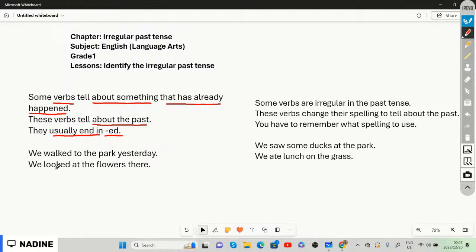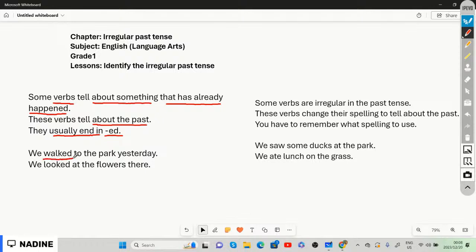An example is, we walked to the park yesterday. If we identify our verb, it would be walked.